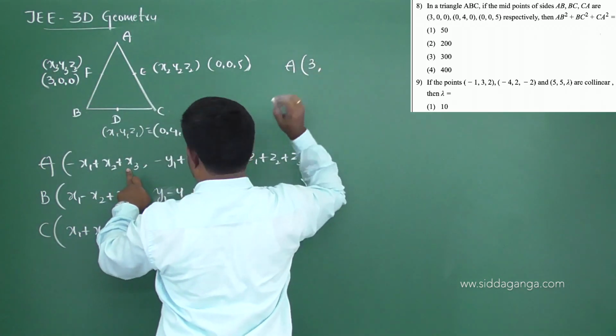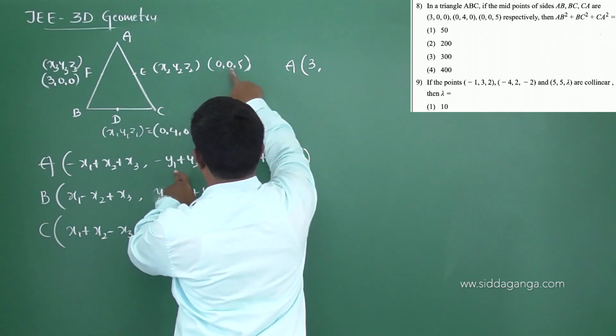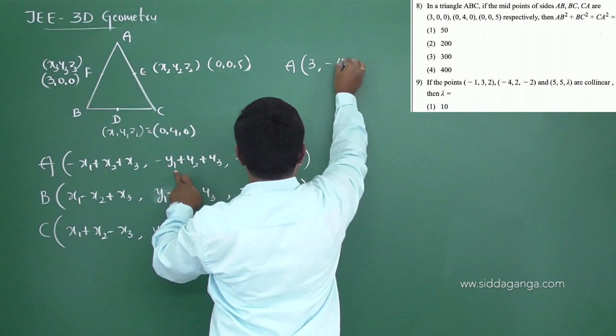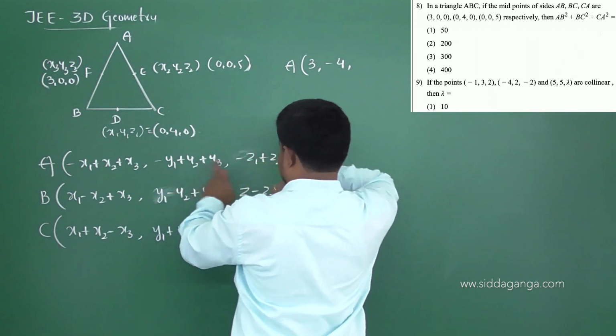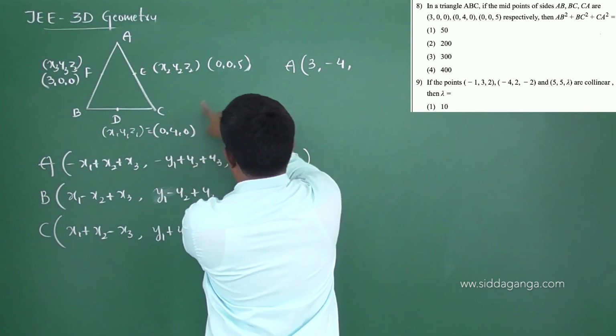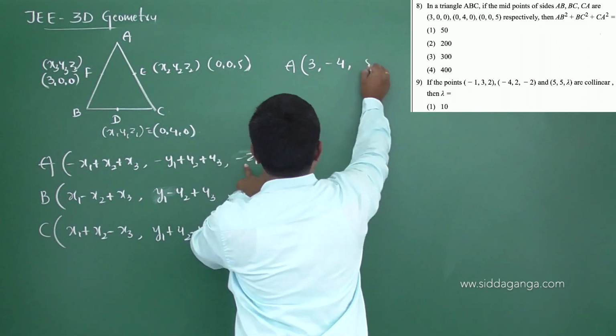So 3. Next, minus y1 is minus 4 plus 0 plus 0, so minus 4 is the second coordinate. And minus z1 is 0 plus z2, z2 is 5, 0 plus 5 plus 0 is 5.